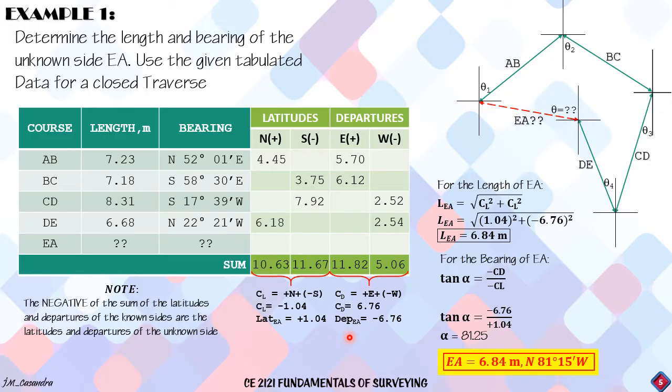So therefore, the length now of EA is 6.84 meters, north 81 degrees 51 minutes west. So if we're going to check our diagram, it is northwest.